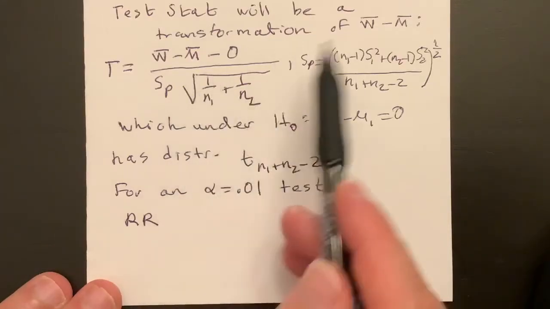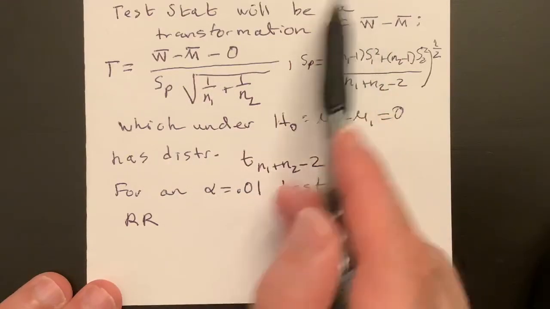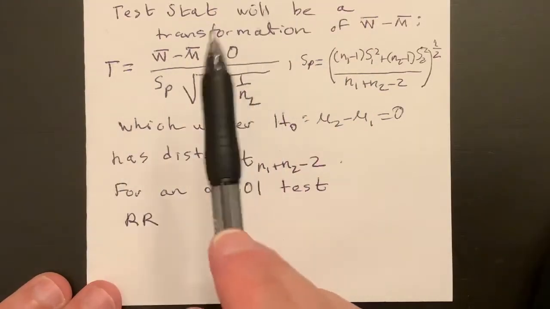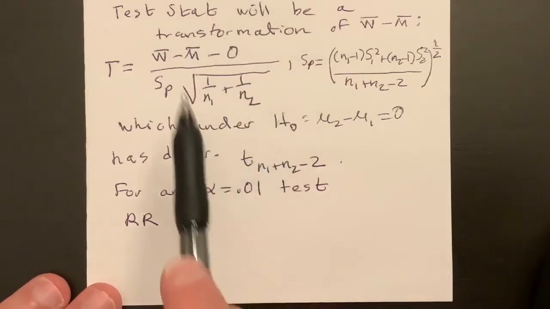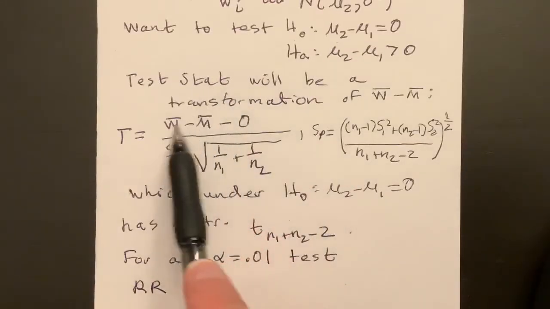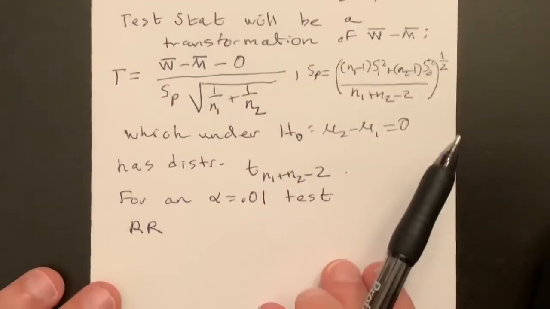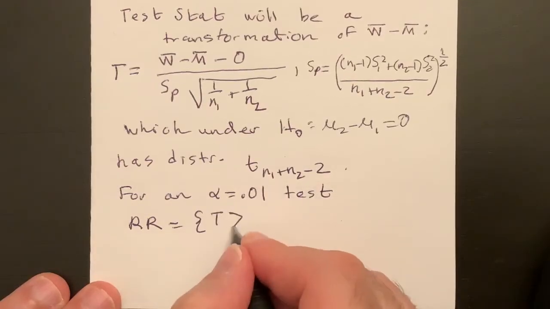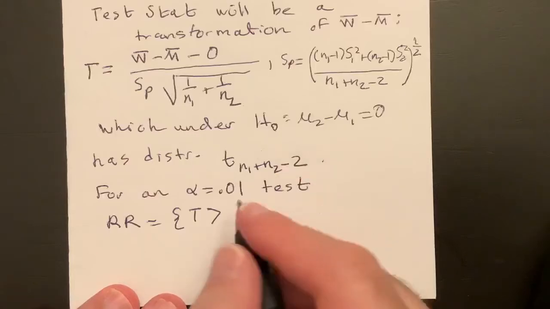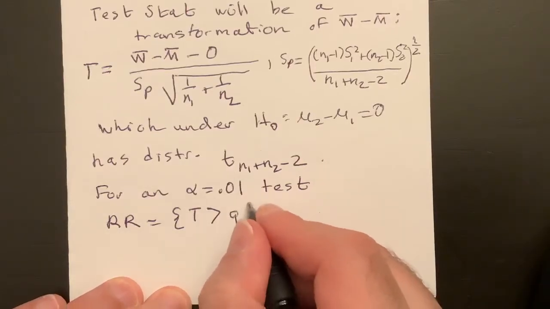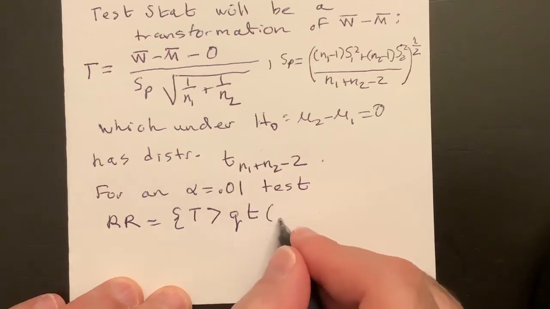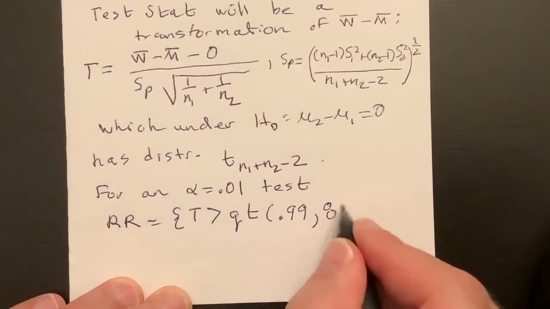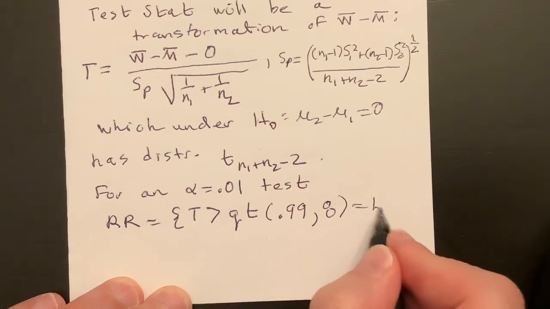We still want it to be a right tail because I want to reject if this is big, and this is an estimator for this one here. So we want RR to be t greater than k, which will be qt 0.99, the 99th quantile of the t distribution with 8 degrees of freedom. Okay, so this is k.